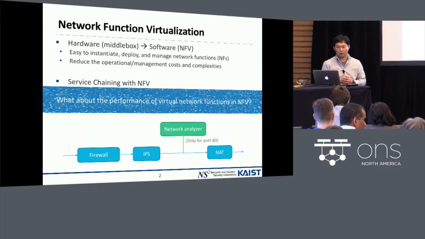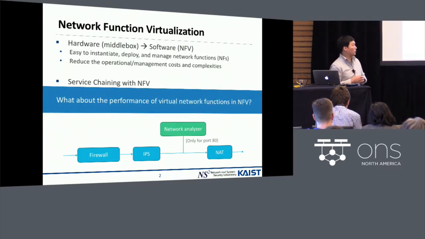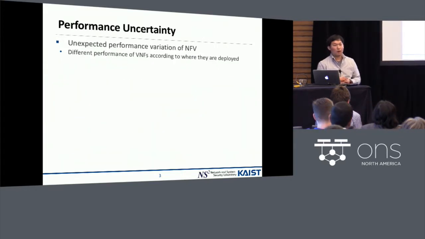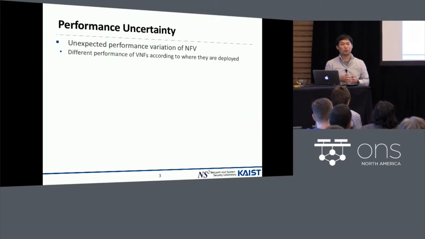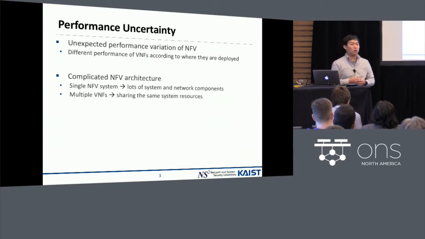Then what about the performance of virtual network functions in NFV environments? Unlike hardware-based middle boxes, virtual network functions are highly dependent on host systems, which means that the performance of VNFs would vary according to system specifications. Also, when we talk about NFV, we usually focus on virtual network functions.